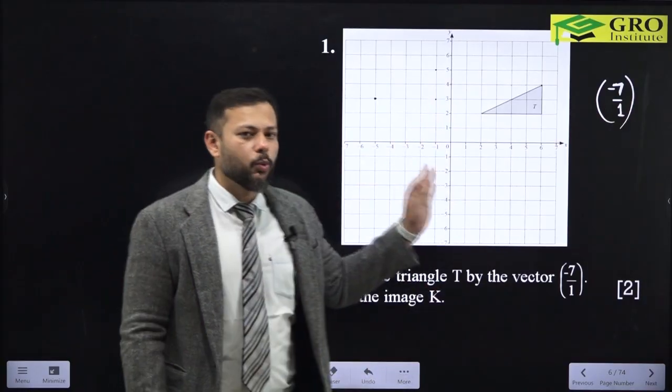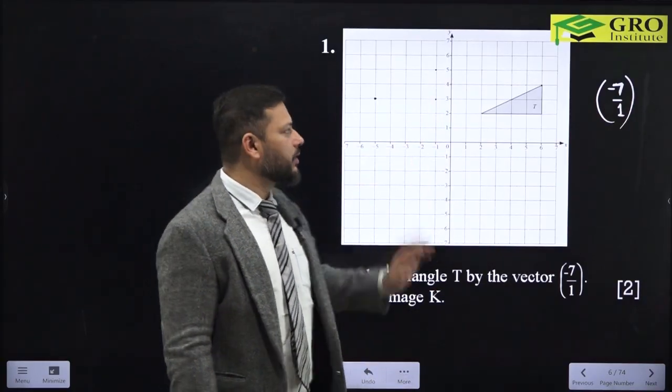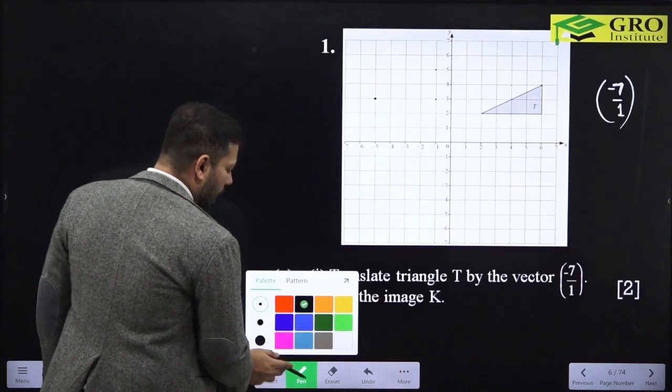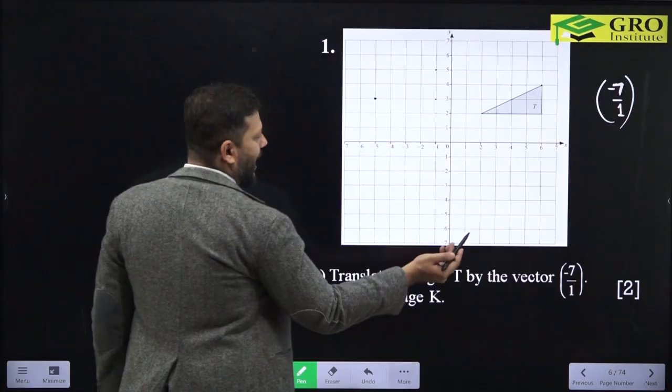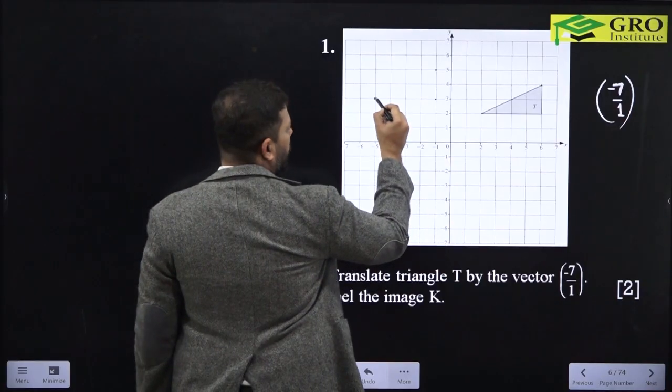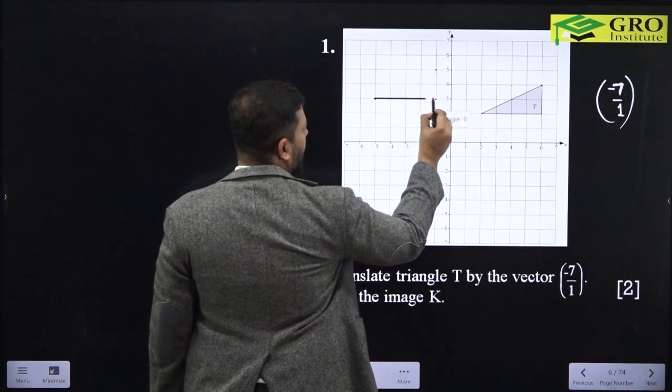That means these are the vertices of the translated triangle. Let me join it. How would you join it, guys? You need to use your ruler and your black pen or pencil and you will join these vertices like this.